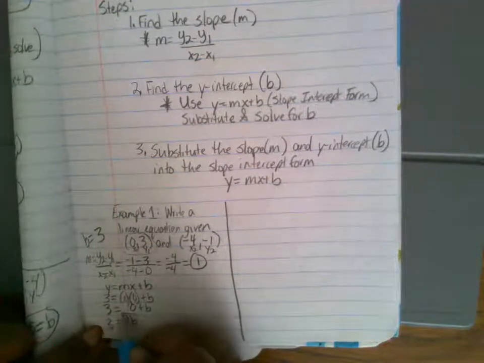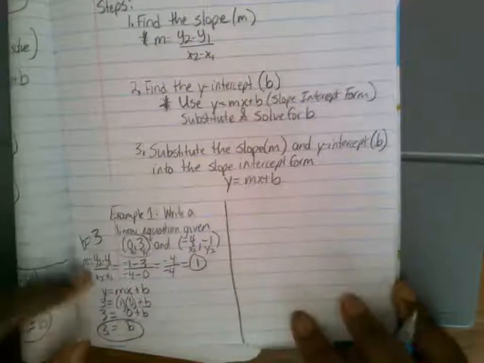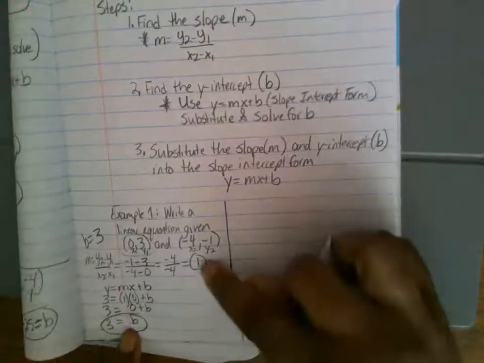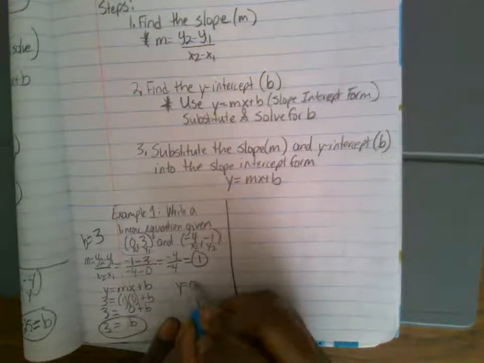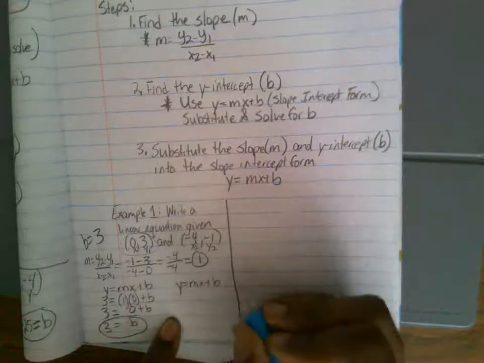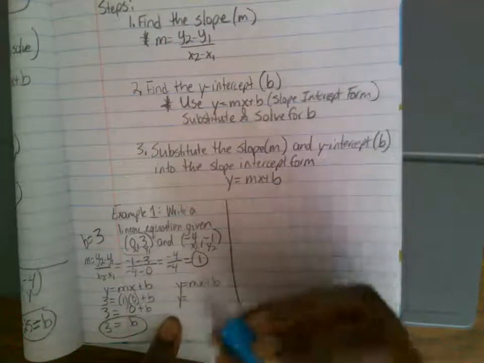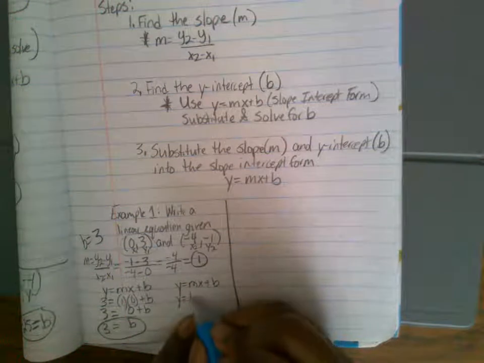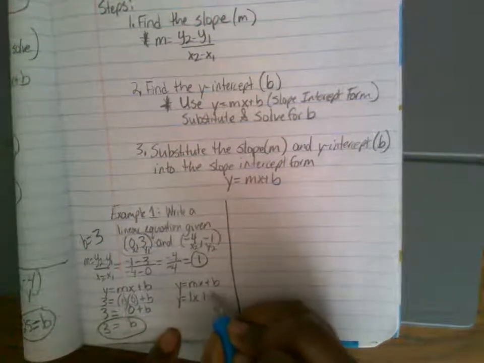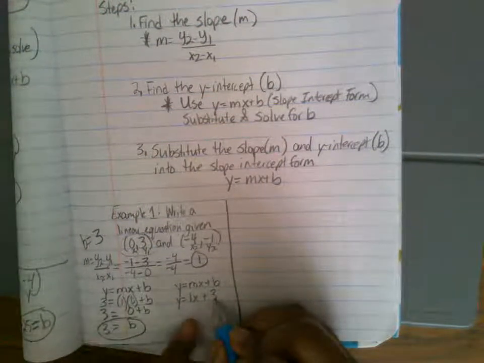So we get b is equal to 3. So now since your b is 3 and your slope is 1, your equation is going to be y is equal to, you write it in slope-intercept form, mx plus b, where you replace m with 1. So this is 1x plus 3 because it's a positive 3.